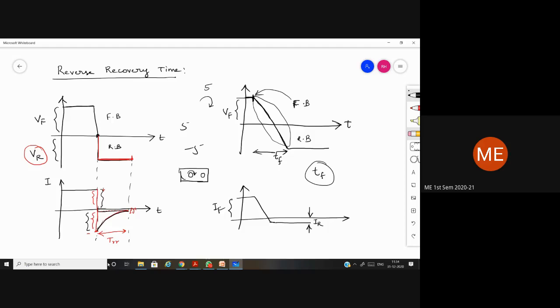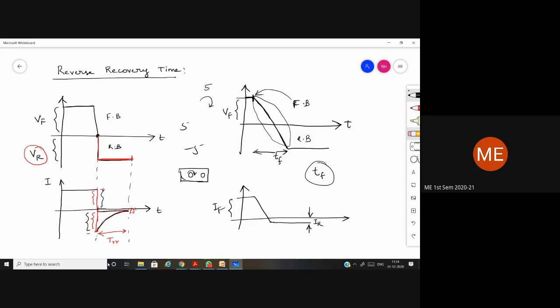I'll tell you, fall time is the time taken by the diode to adapt from forward bias to reverse bias voltage. Now tell me, for a good diode, should the fall time be more or less? Less, sir. Yes, less.